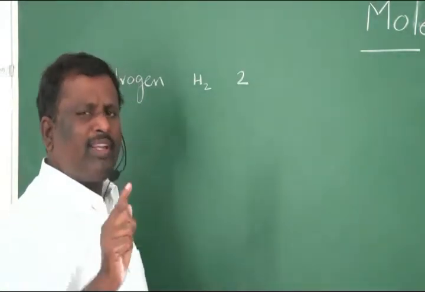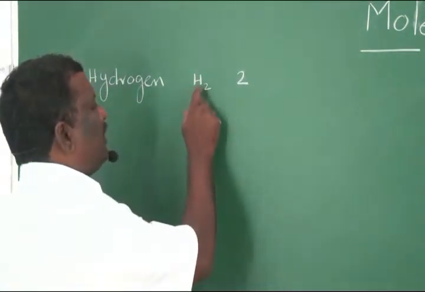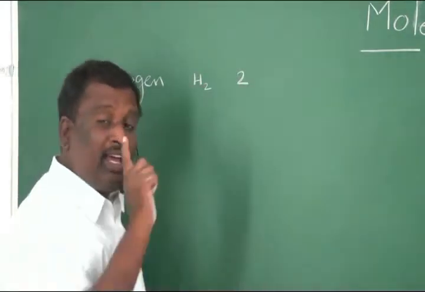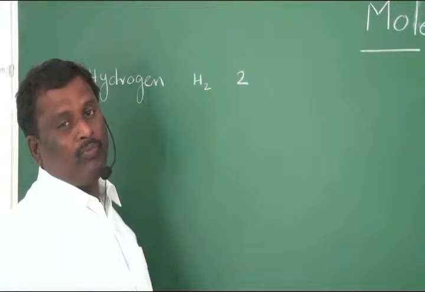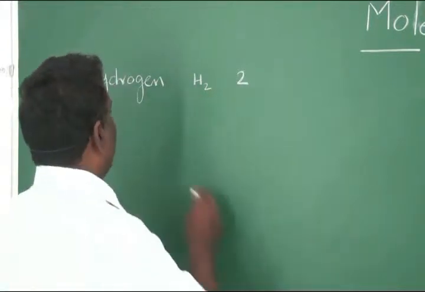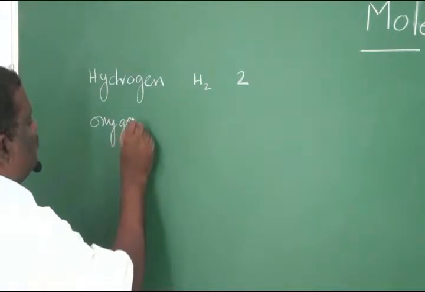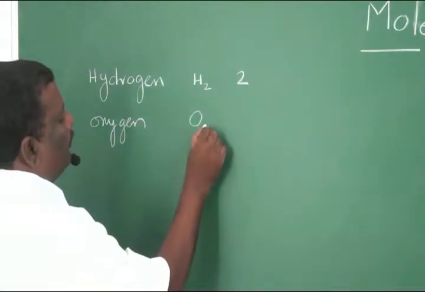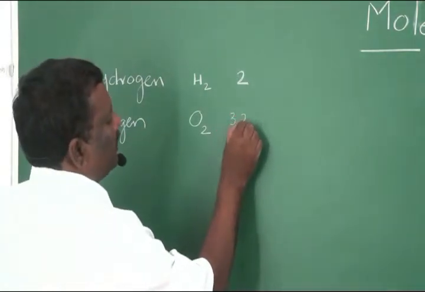So this molecular weight is a simple number which denotes that a particular molecule is how many times heavier than 1 AMU. Similarly, if you take oxygen, O2, its molecular weight is said to be 32.